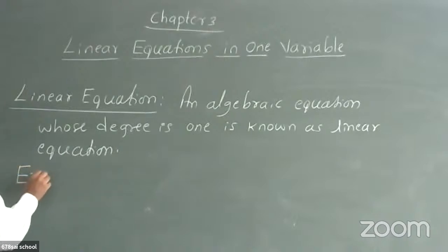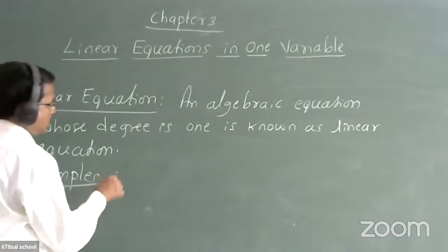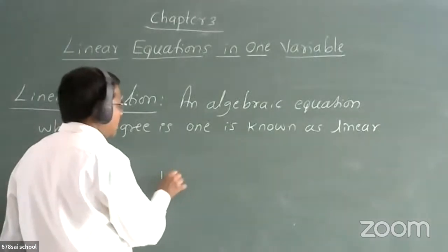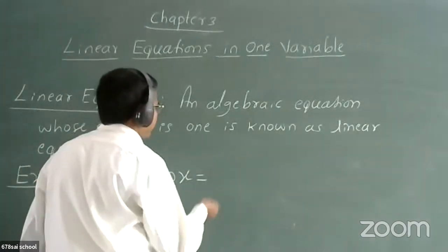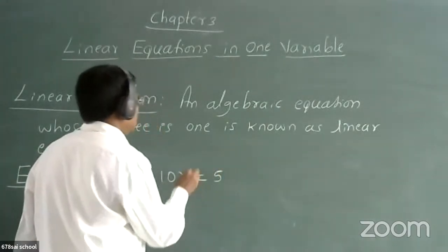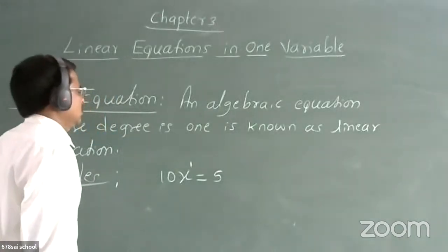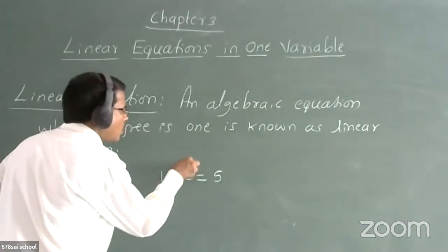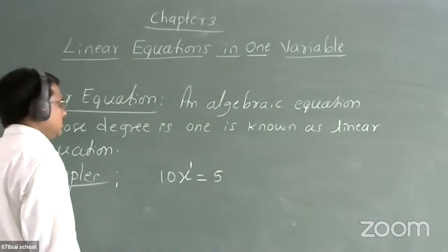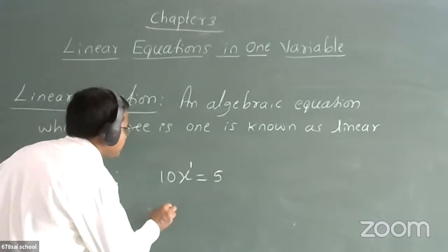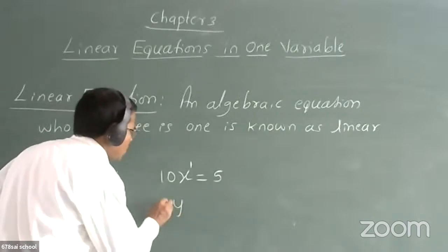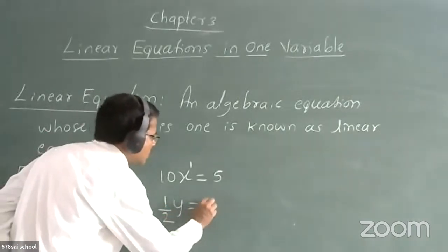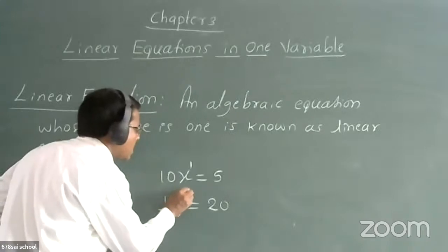Examples. You can write 5x raised to 1, where 1 is the highest exponent. You can write 1 by 2 y equal to 20, y raised to 1.